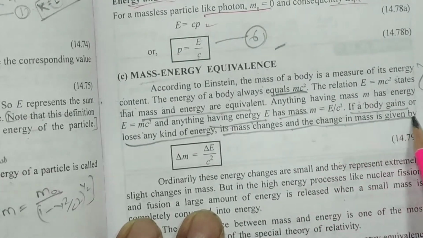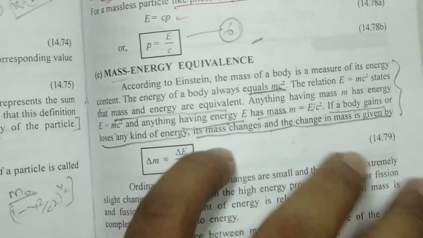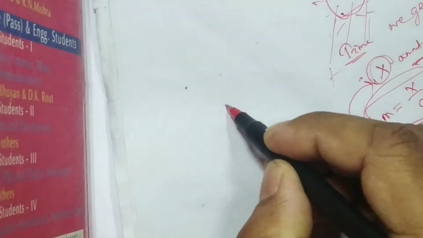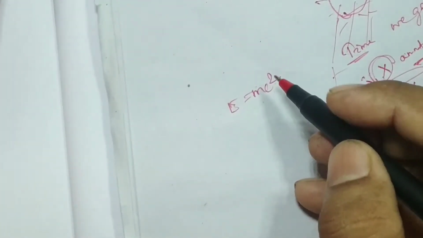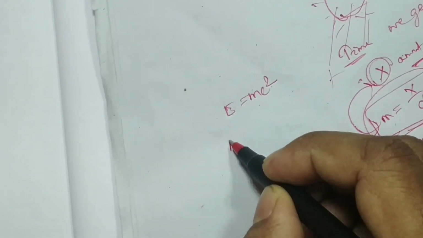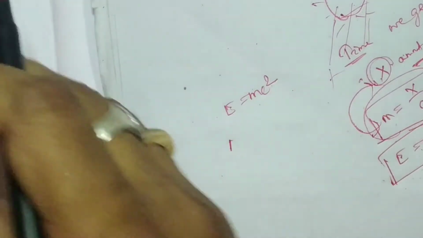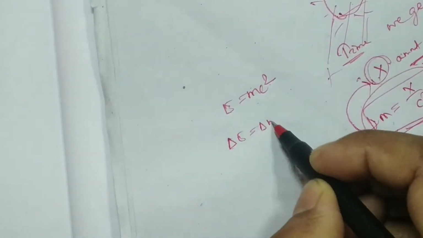The change in mass is given by del m equal to del E by c square, because we know that E is equal to mc square. So hence we can say that del E is equal to del m c square.